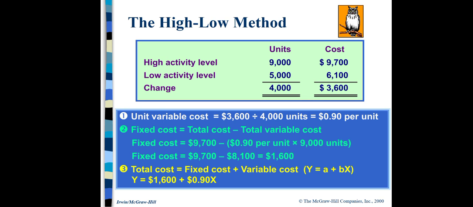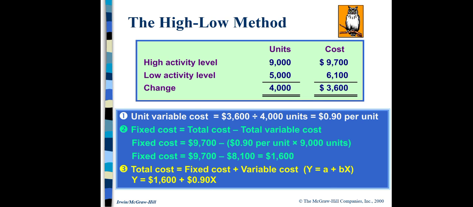Jadi Y equals $1,600 plus 0.90 dollars X. Jadi Y sama dengan $1.600 ditambah 0,90. Ini kan B, variable cost per unit dikalikan X.